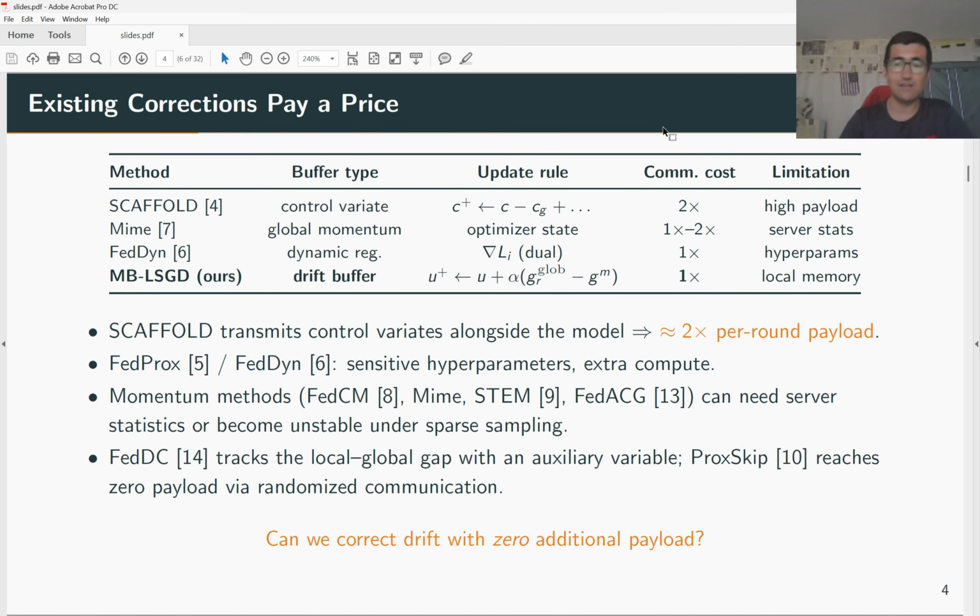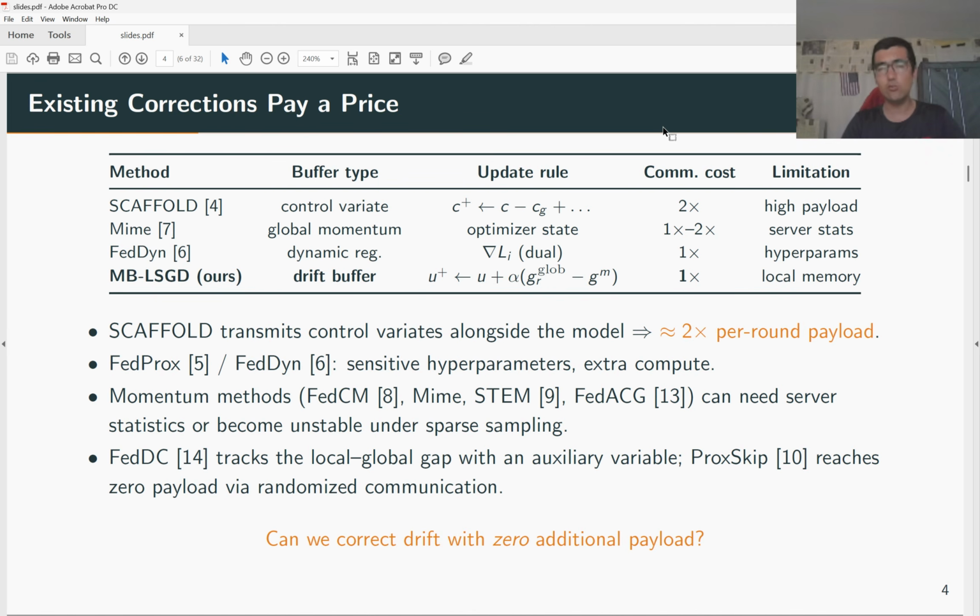Regularization methods like FedProx and FedDyn keep the payload at one model, but they bring sensitive hyperparameters and extra compute. Momentum-based methods, FedCM, MIME, STEM, FedAvg, can need server-side statistics, and as we will see later, some of them become unstable when only a few clients participate each round.